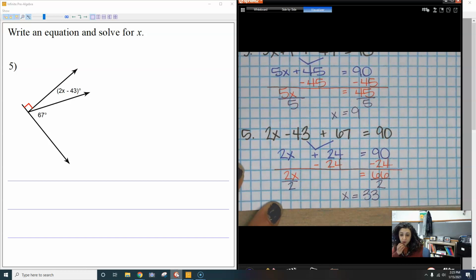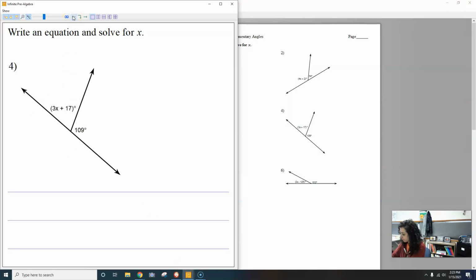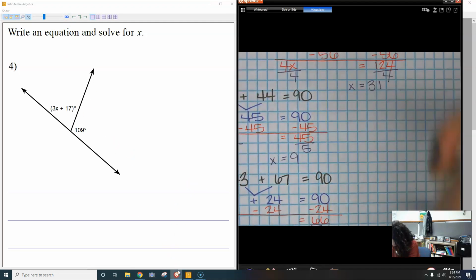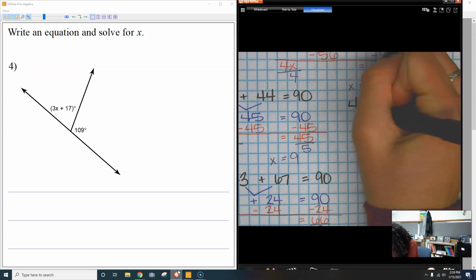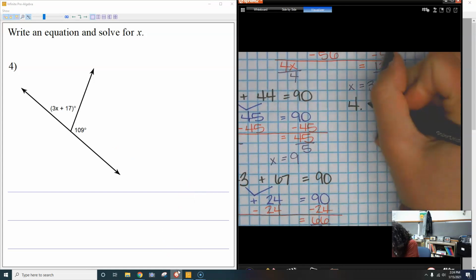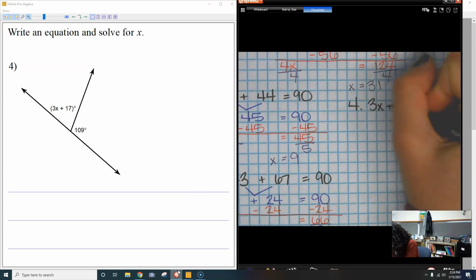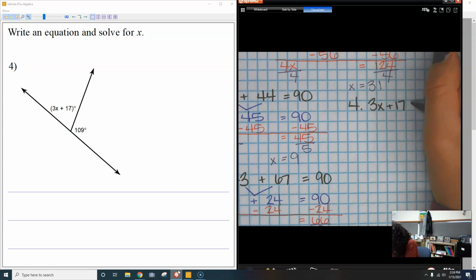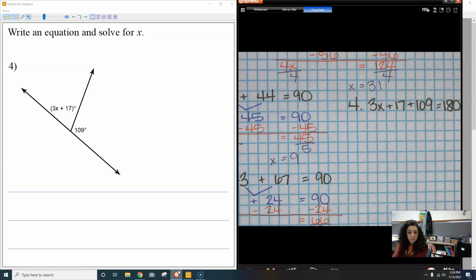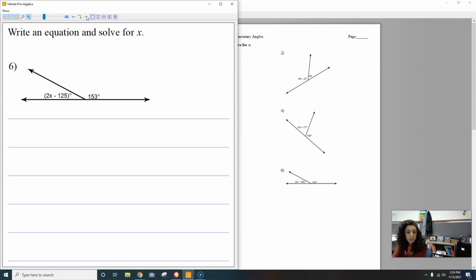All right, so what I'm going to do now is I'm going to go back to number 4. I'm going to write it right here in my notebook, right next to number 3. So number 4 is 3x plus 17 plus 109, and this one equals 180. And I'm going to skip to number 6.